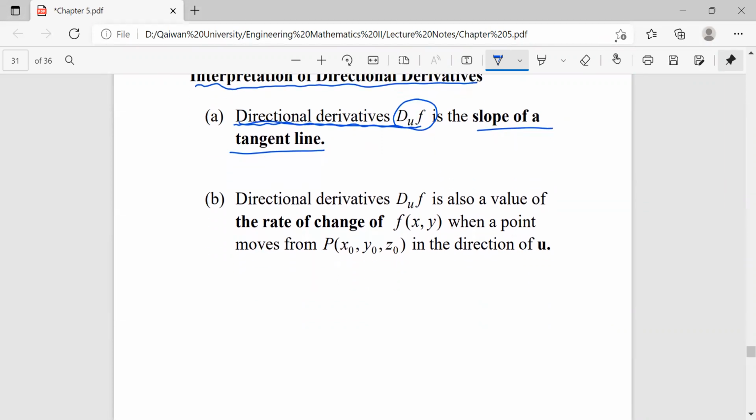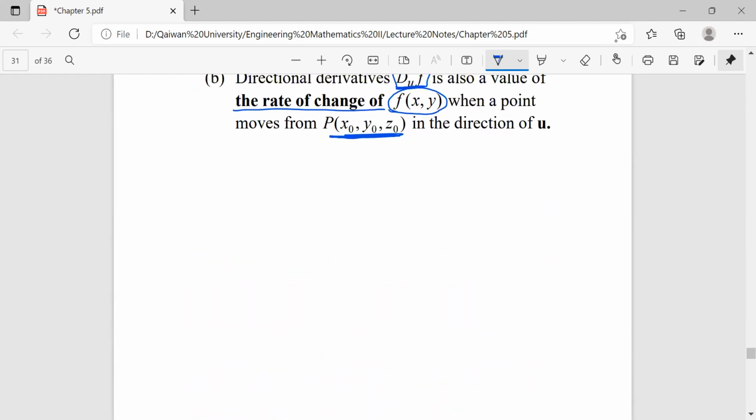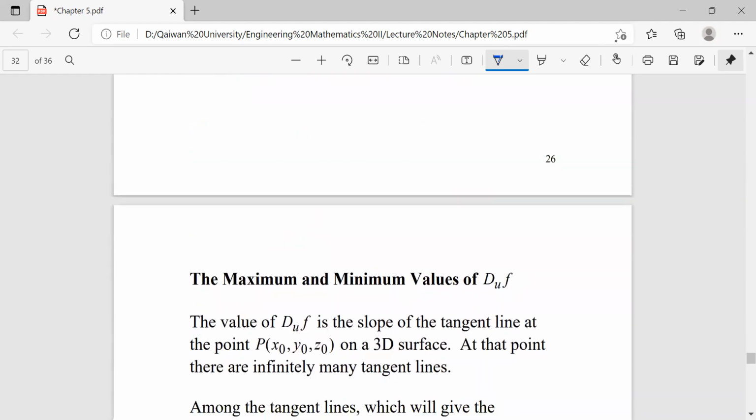And also, the directional derivative of f is the rate of change of the function at the given point. So directional derivatives can be used in finding the slope of a tangent line, and also in finding the rate of change of the given function f at the point x naught, y naught, z naught in the direction of the unit vector u.